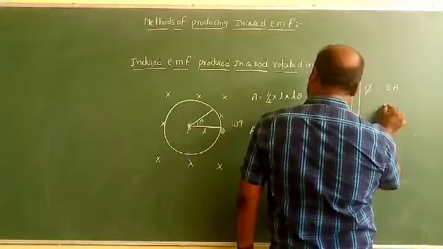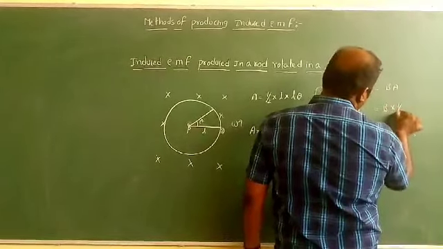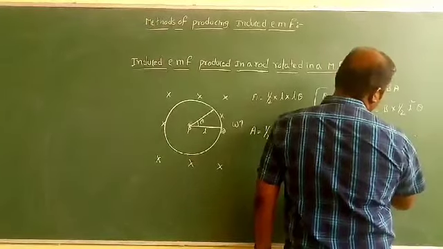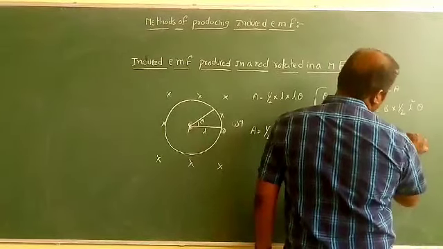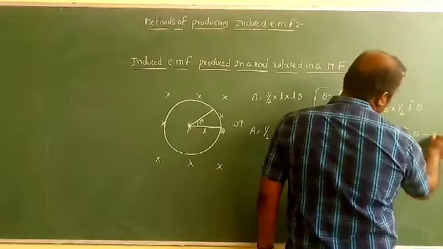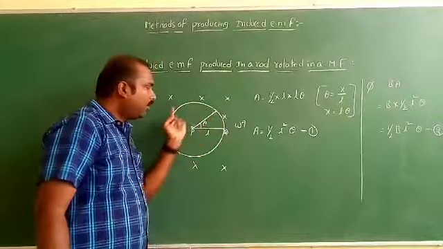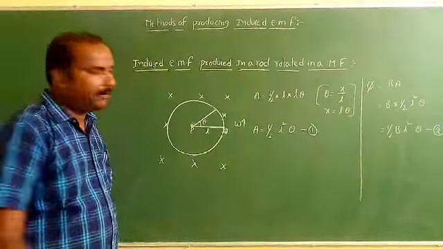Now B into area is given half into L square theta, that is half B L square theta. This is equation 2. Now magnetic flux linked with the rod is given by half BL square theta.